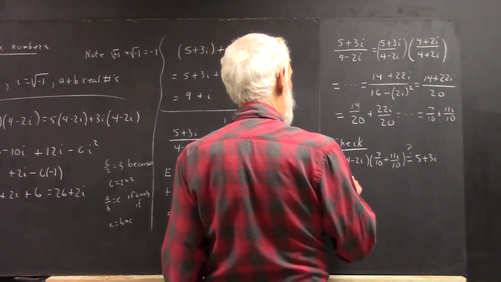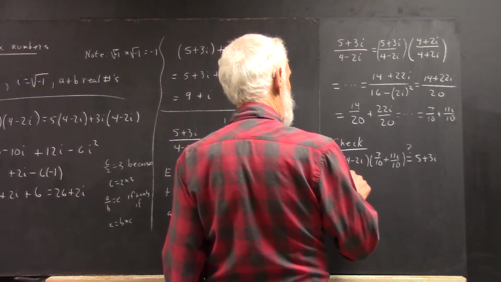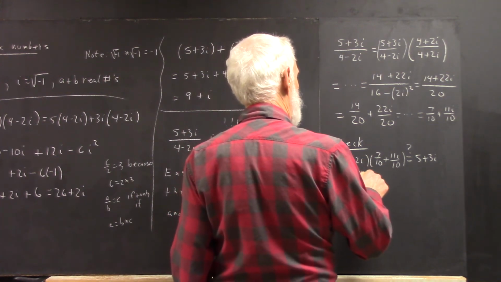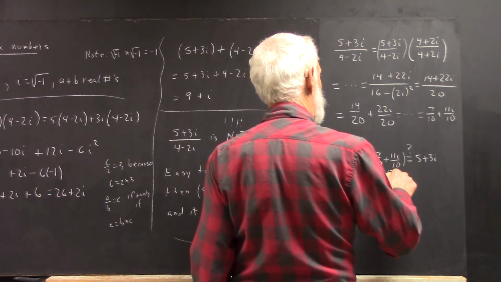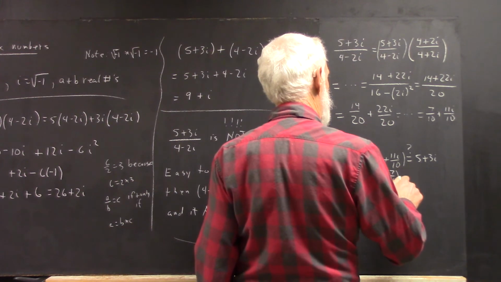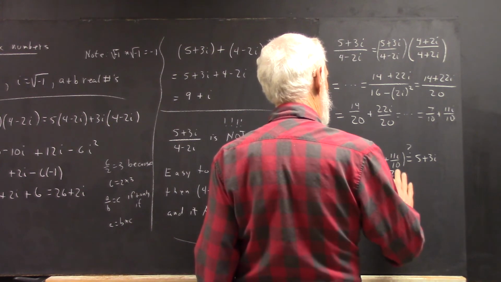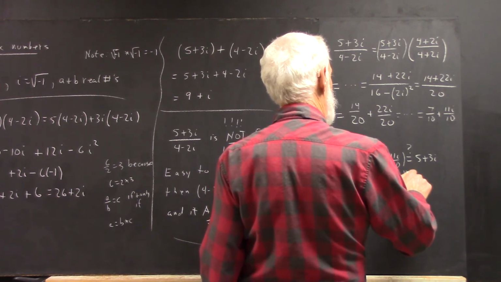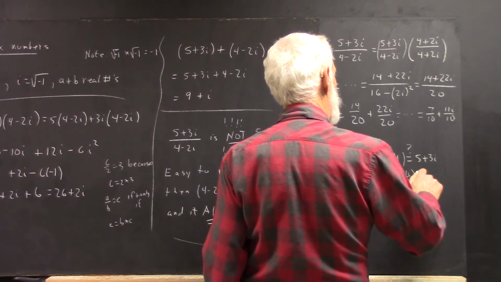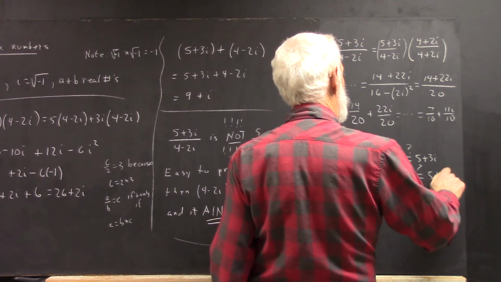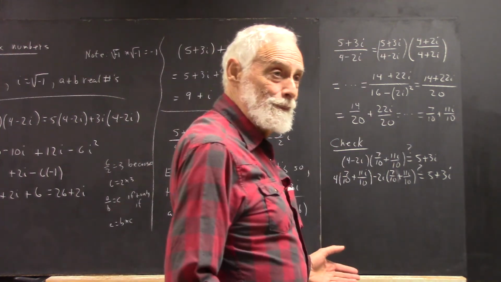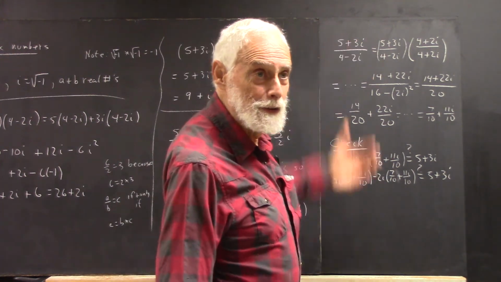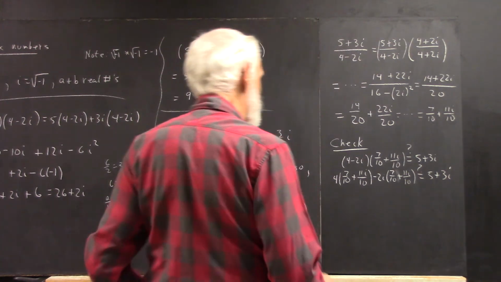We get 4 times (7/10 plus 11i over 10) minus 2i times (7/10 plus 11i over 10). Is that equal to 5 plus 3i? If I don't make a mistake in this, and I didn't make a mistake in this, it's going to work out. So let's be careful.